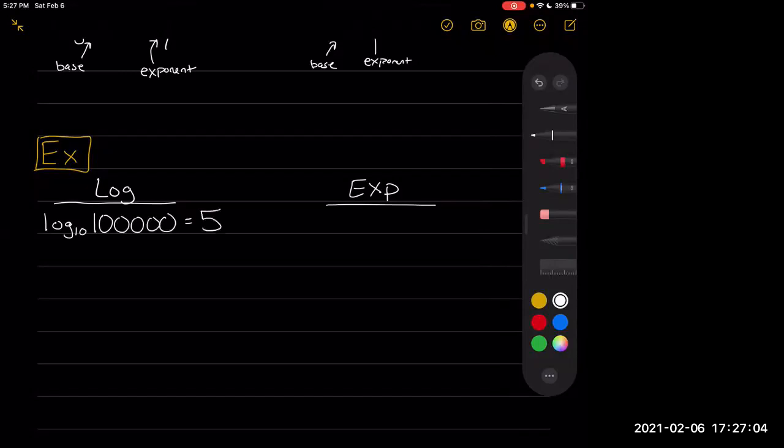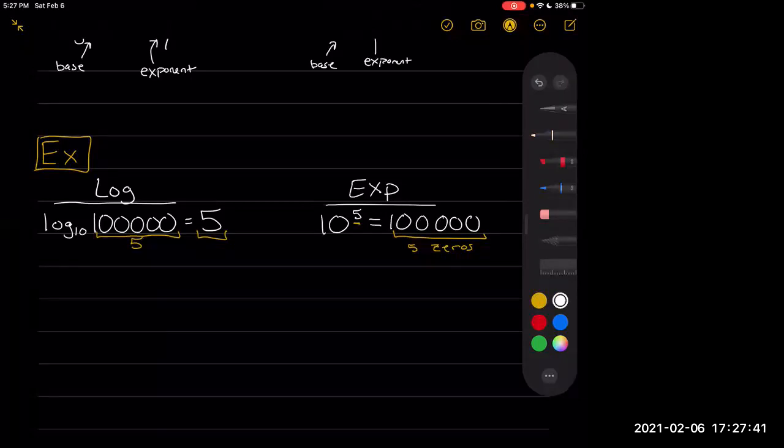This equals 5, because 10 raised to the 5th equals 100,000. Something helpful with base 10 is that when you raise 10 to a power, that's how many zeros you will have after the 1. Here, there's 5 zeros, so our output was going to be 5. That's just a helpful tip for when we're working with log base 10.